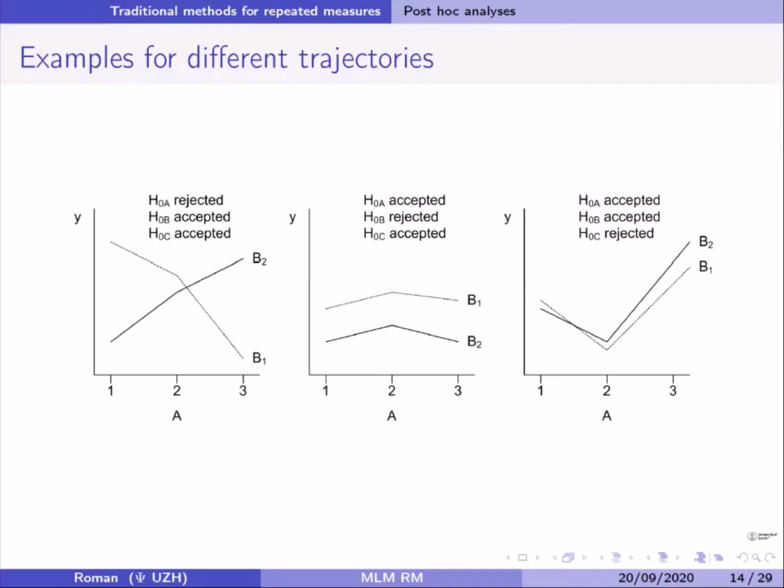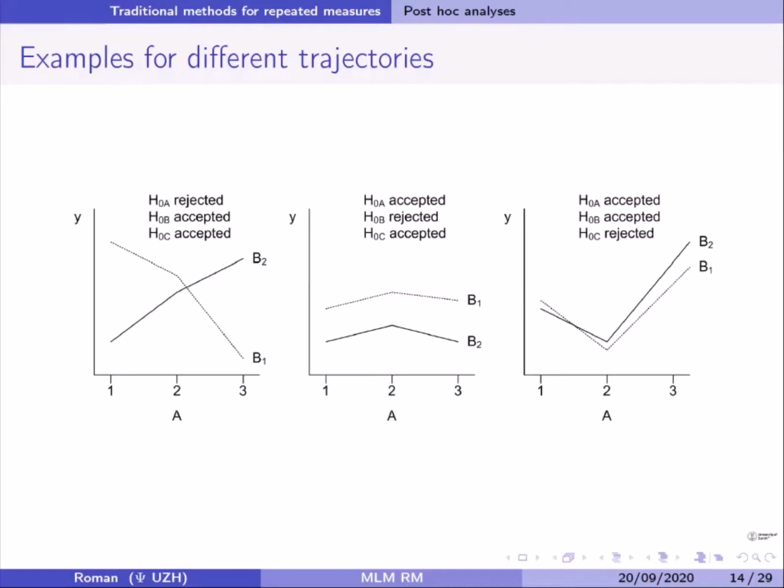Here we have an odd circumstance. Our interaction is significant. Excuse me, our interaction is non-significant. We accept the null here because we see the same developmental trajectory by the groups. Group B2 at time 3 is not significantly different than B1 at time 3. Here, again, no differences.